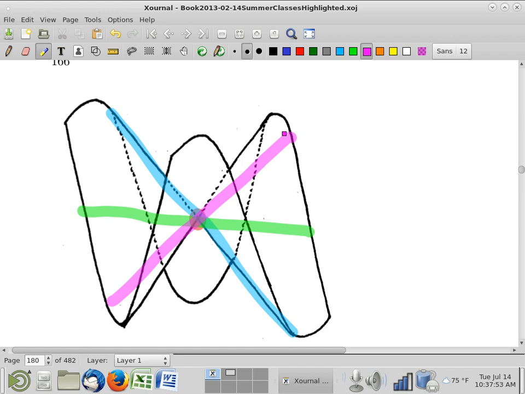Now, thinking about it that way, it's not hard to see why this function's directionally differentiable, because whatever direction you're looking in, you're looking at a straight line. Take that direction there. That's a nice straight line. The cross-section of this surface in that direction is a straight line, so of course the directional derivative exists.